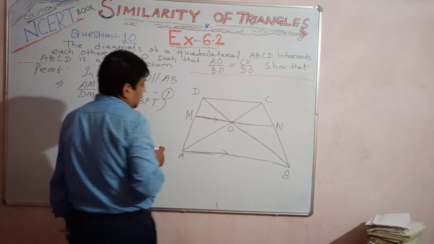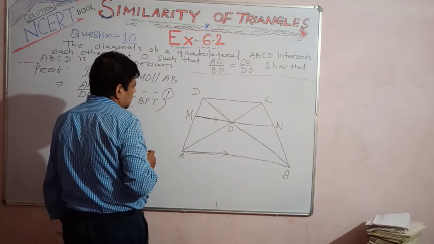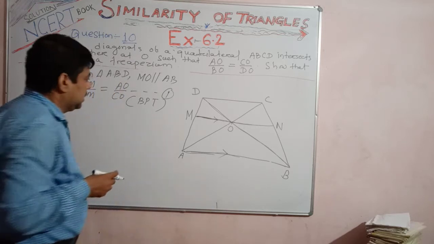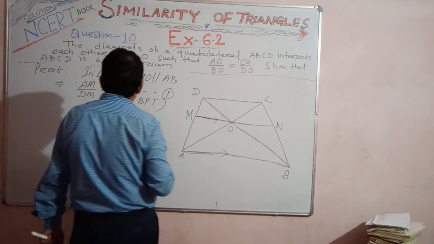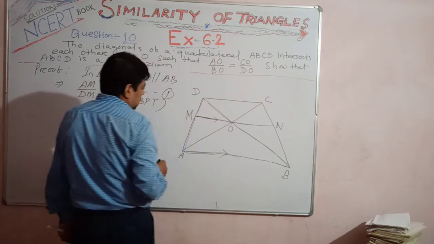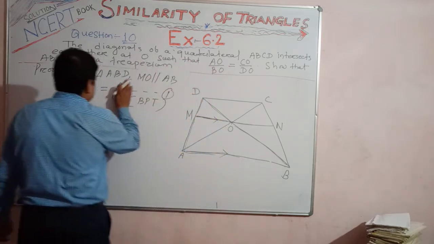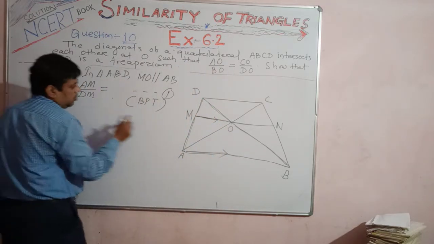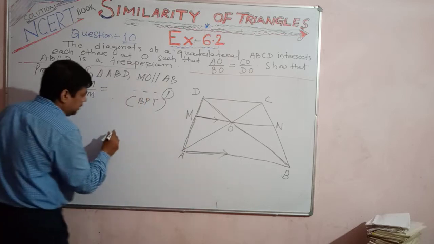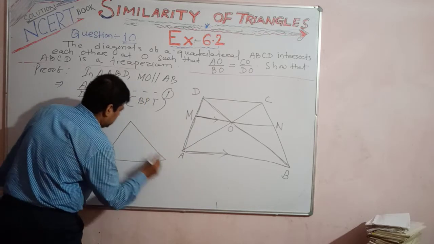Again you see in the triangle ABD, AM upon DM is equal to, no, BO upon DO. There is a mistake, sorry, extremely sorry for that. Look at the diagram I am drawing.